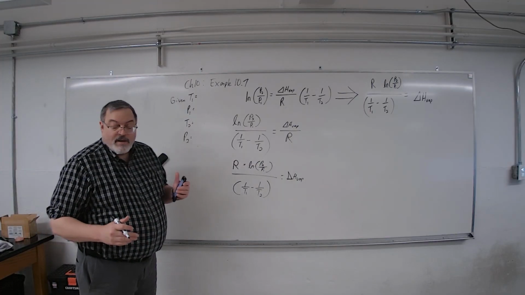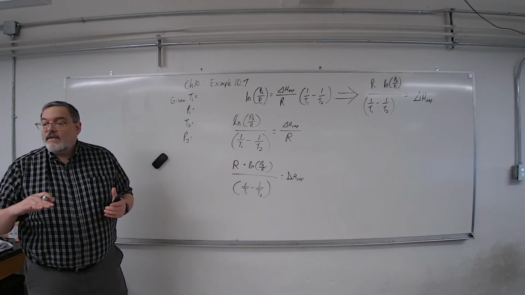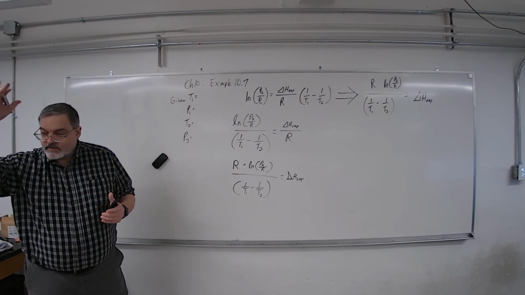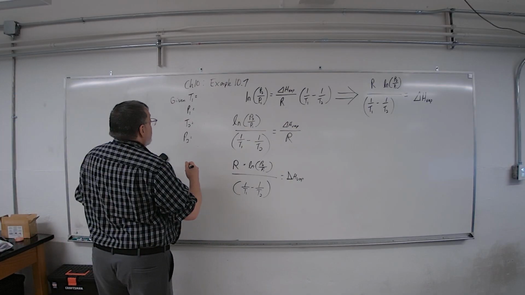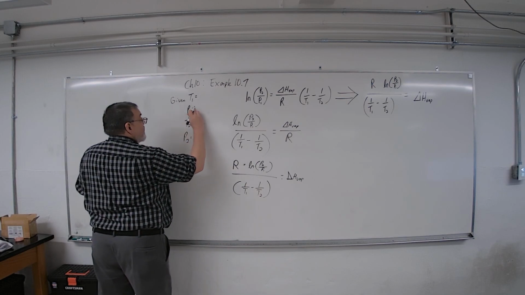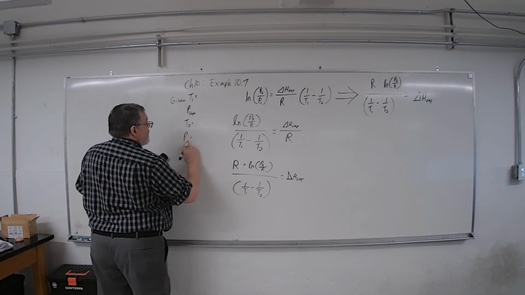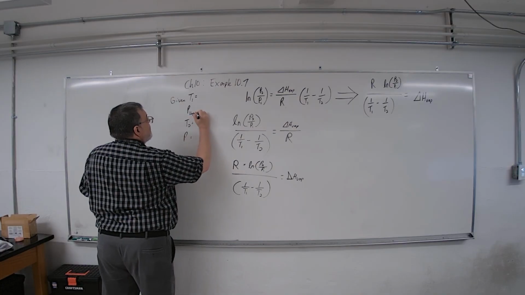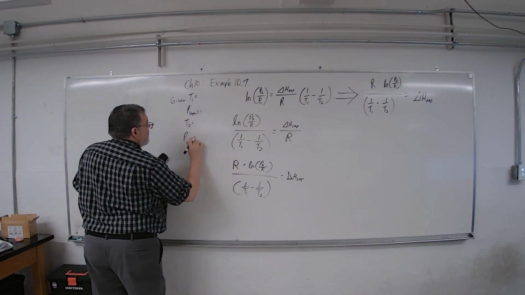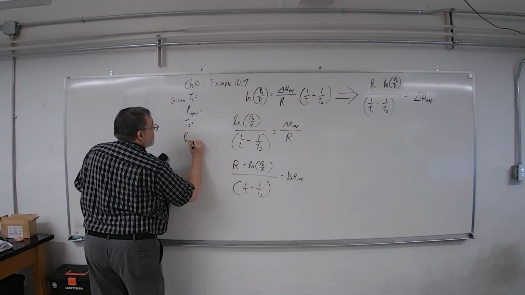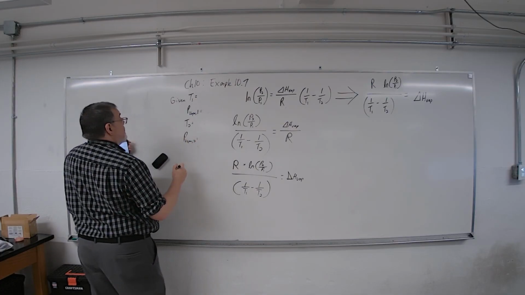At different temperatures, you have a different vapor pressure, and then at the boiling temperature, the vapor pressure equals the atmospheric pressure. So these pressures are vapor pressures. And this is P vapor 2, I'll call it.